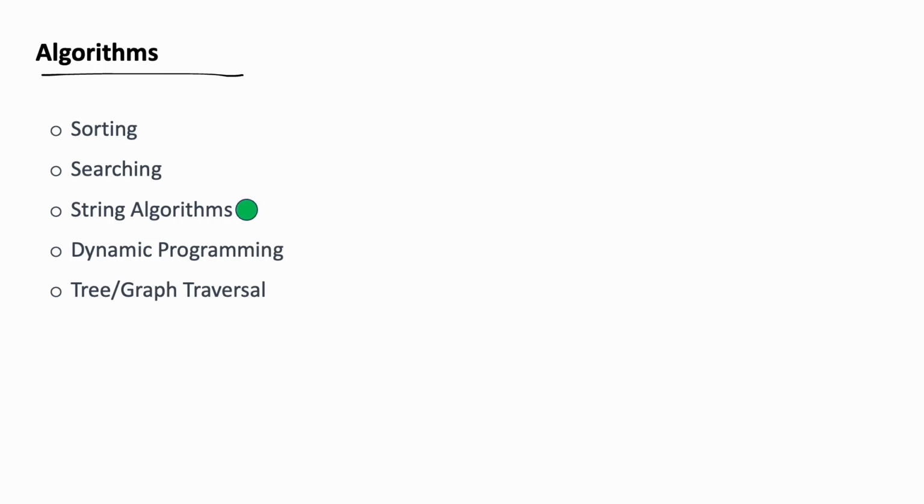String algorithms: within a string there is an algorithm called KMP and others to perform operations related to strings. Dynamic programming is where you start storing the smaller results and then use them to find the final result. Tree and graph traversal: here we use breadth first search or depth first search to navigate through all nodes.